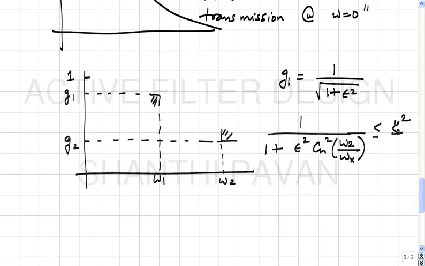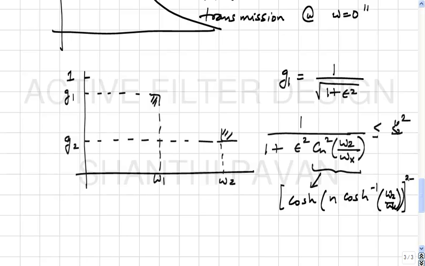And what value of omega 2 will you use, and what value of Cn will you use? Omega 2 is in the stop band, presumably G2 is much smaller than 1, which basically means that the expression you must use is the cos hyperbolic of n cos hyperbolic inverse of omega 2 by omega x, whole square, must be less than or equal to that. Is this clear? And this is exactly the same manner as we proceeded in the Butterworth example. Does this make sense?